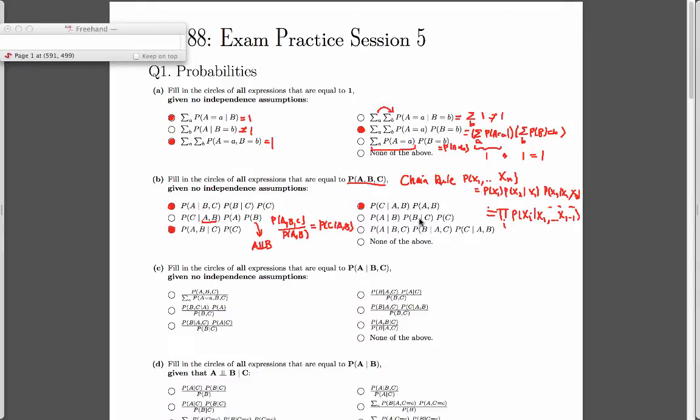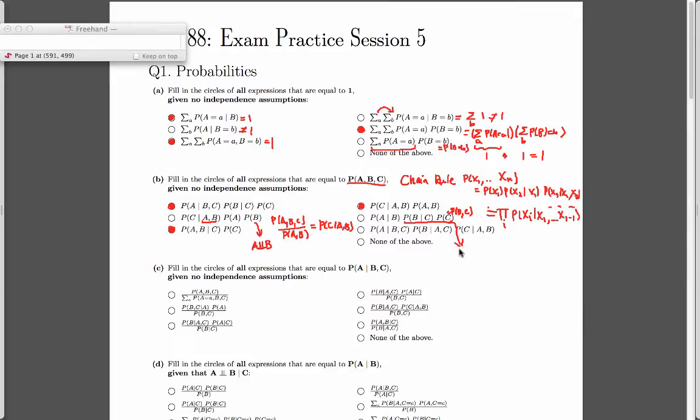Now this third option is also incorrect, because we know that this expression right here, probability of B given C times the probability of C, is equal to the probability of B comma C. And for this to be equal to probability of A, B, and C, we would need to multiply A given B and C times the probability of B, C. However, this only conditions on B and does not condition on C. However, this would be the correct answer.